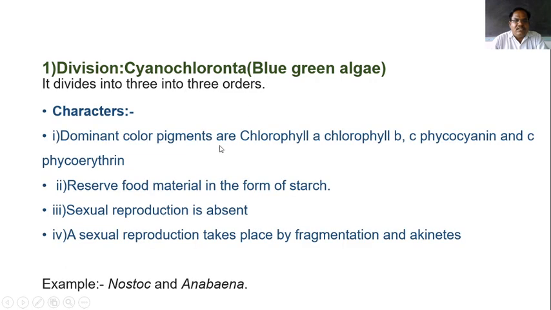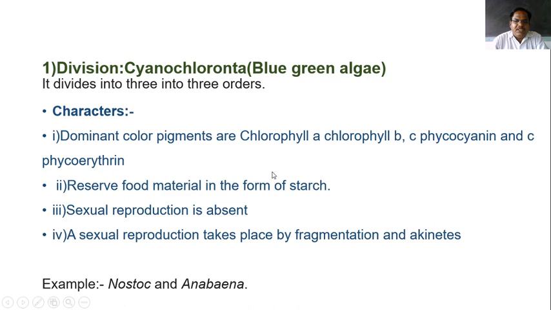What are the characters of Cyanochloronta? The first character is that the dominant color pigments are chlorophyll A, phycocyanin and C phycoerythrin. These are the color pigments found in this group.